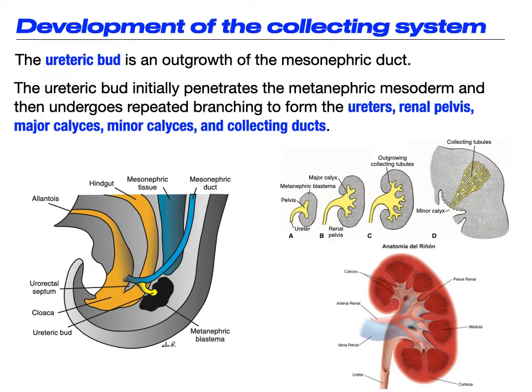The ureteric bud within the metanephric mesoderm divides in half to form the renal pelvis during weeks 7 and 8. Then each half divides again later to form two major calyces. These divisions continue until the major calyces, the minor calyces, and finally the millions of collecting tubules have all taken shape.